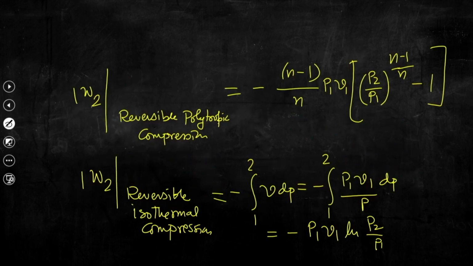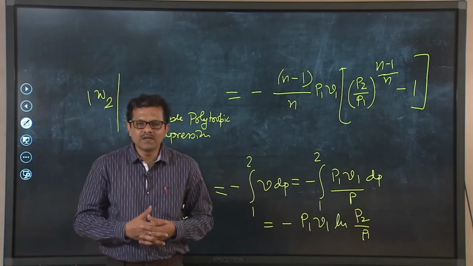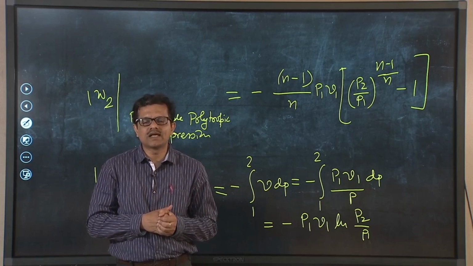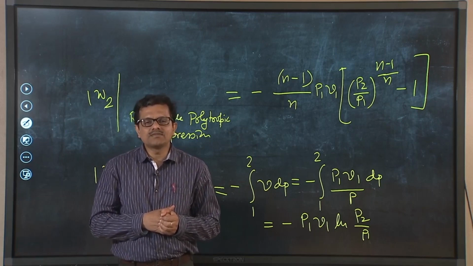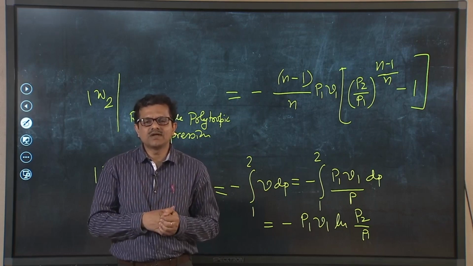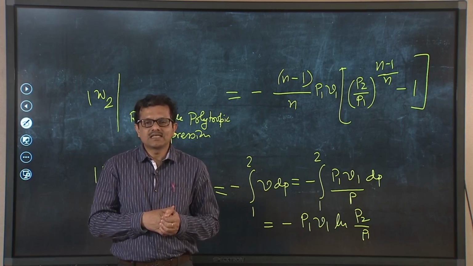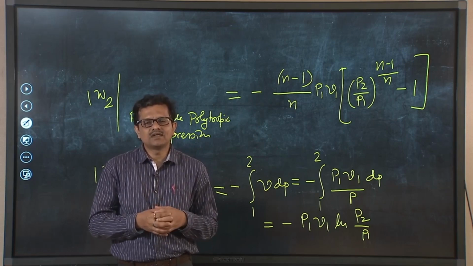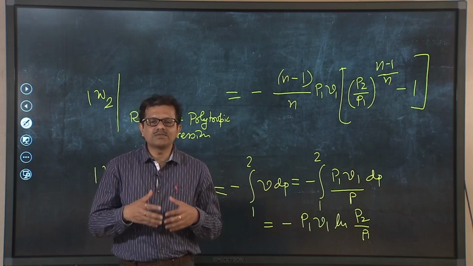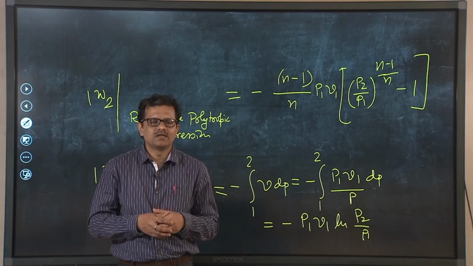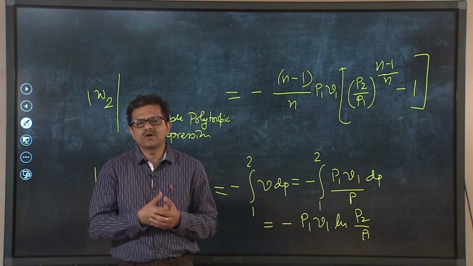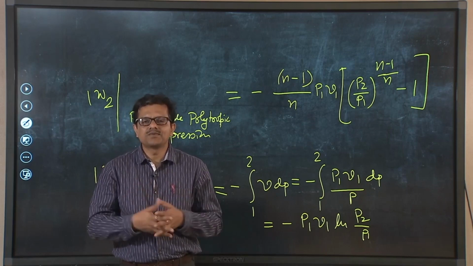To summarize today's discussion, we have discussed the optimum pressure ratio, which is very important to ensure that the cycle efficiency will be maximum. Then we have talked about the need of a compressor in a gas turbine unit, and then we have tried to establish the expression of the work done on the working fluid following several realistic processes.